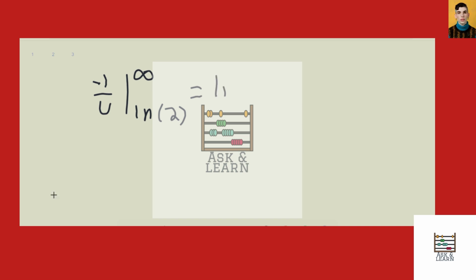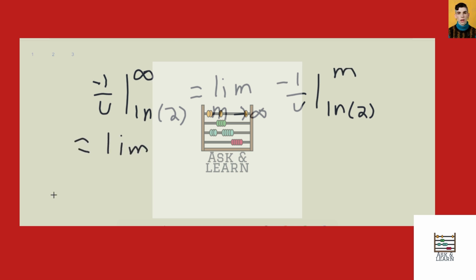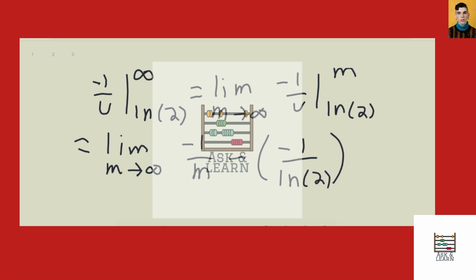Okay, and we like to think about this as a limit. So I'll write limit as, we'll use m here, as m goes to infinity of minus 1 over u from natural log of 2 to m. So that's limit as m goes to infinity of minus 1 over m minus 1 over natural log of 2.